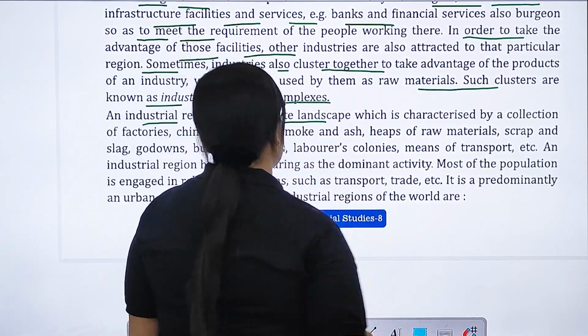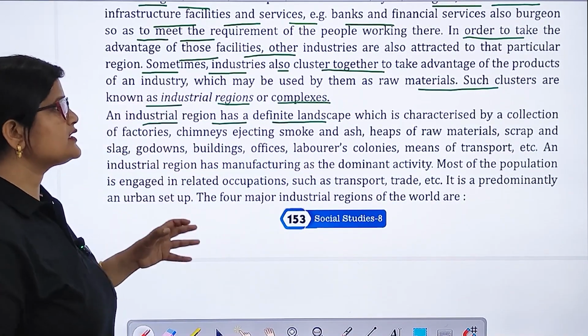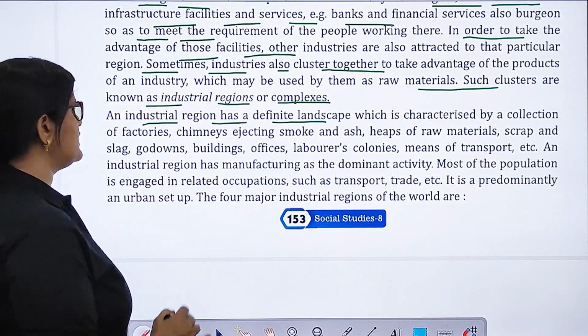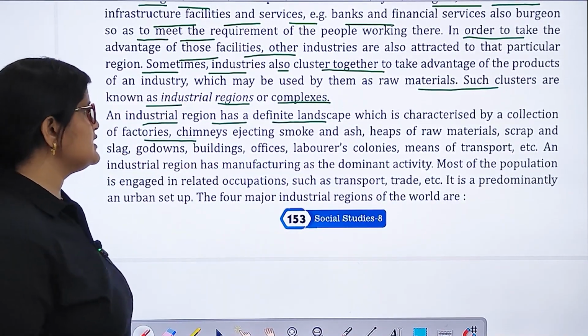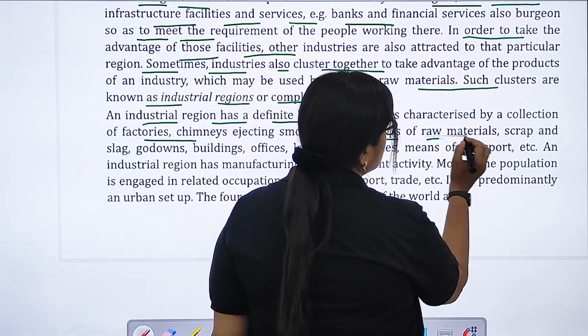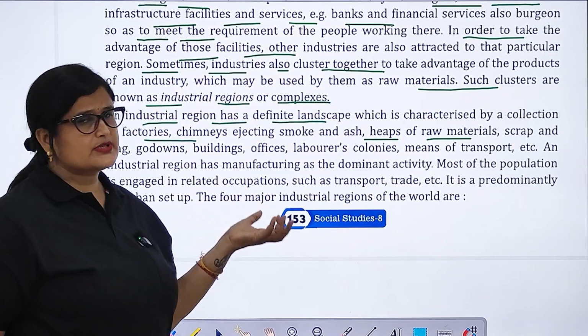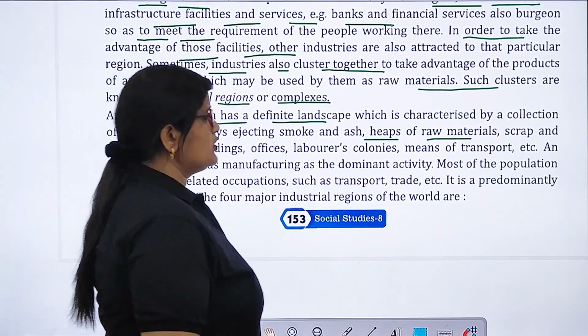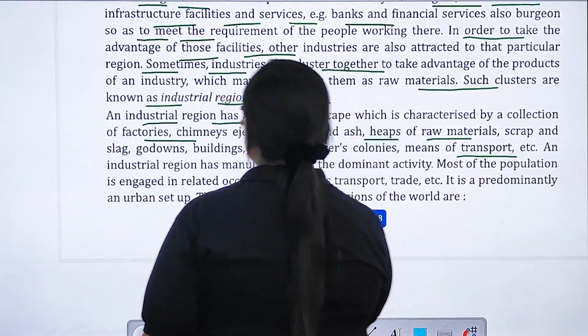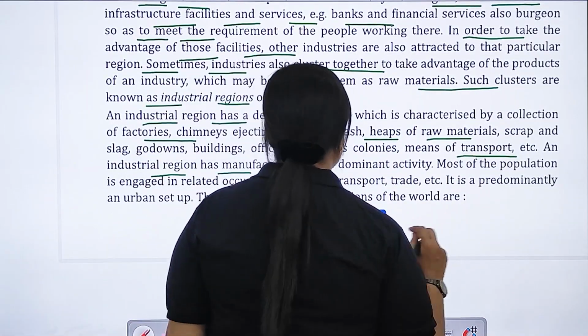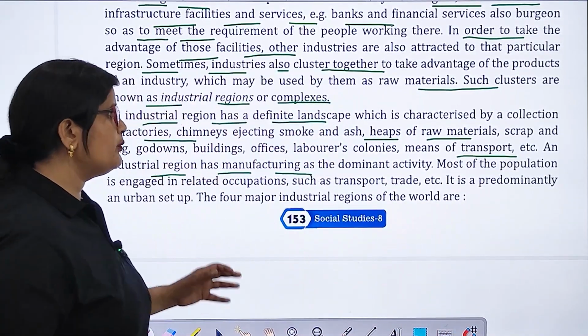An industrial region has a definite landscape which is characterized by a collection of factories, chimneys, emission of smoke and ash, heaps of raw material, scrap and slag, godowns, buildings, offices, laborers' colonies, means of transport, etc. An industrial region has manufacturing as the dominant activity.